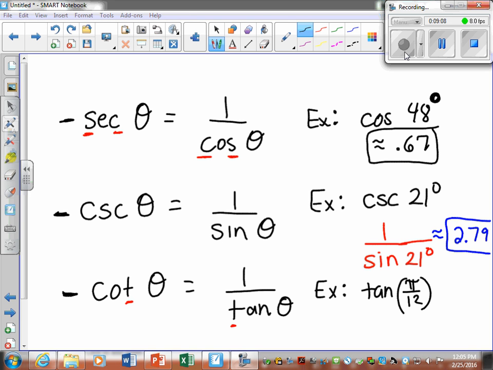You might have to use your second button. All calculators are different, but find pi, divide by 12, close the parenthesis, and you hit enter, and I got about 0.26794. We're going to round that approximation to approximately 0.27.